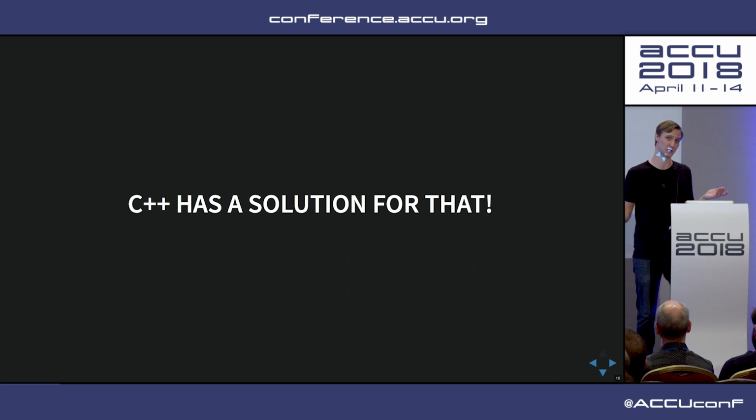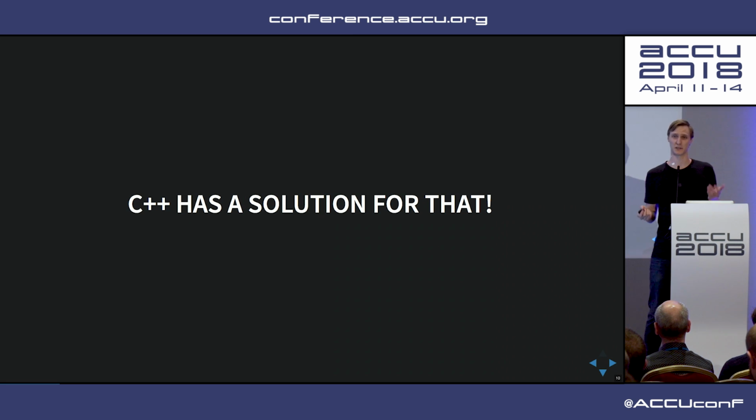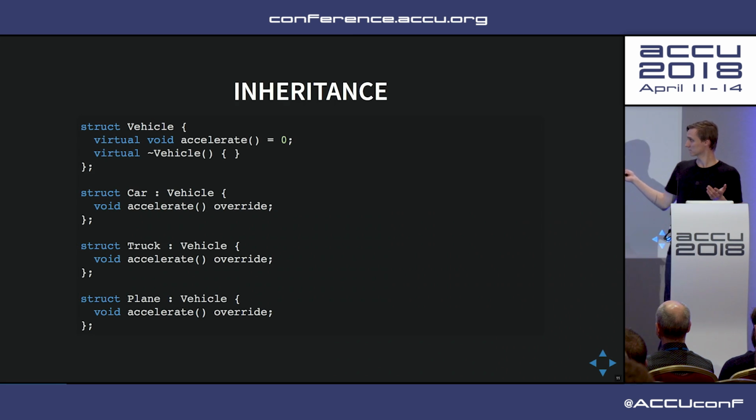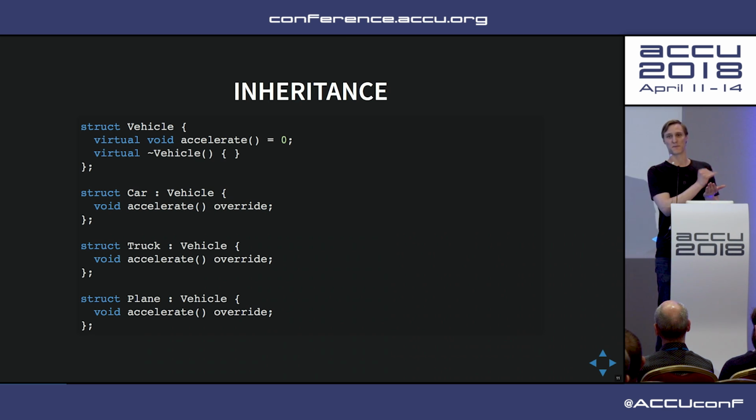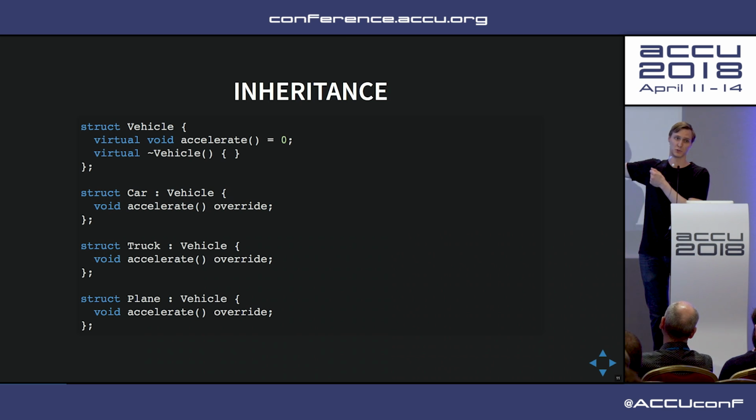So of course, nobody learned anything so far. There is a solution for that. It's called inheritance, right? So the way inheritance works, and nobody's going to learn anything here, but what I want to emphasize is the fact that we have a physical relationship between the base class, the vehicle here, the interface, and the derived classes, the implementations of that interface.